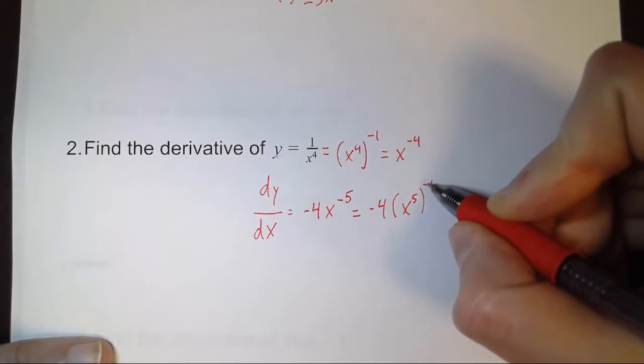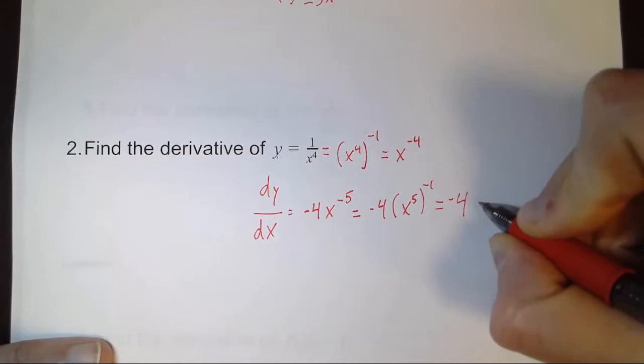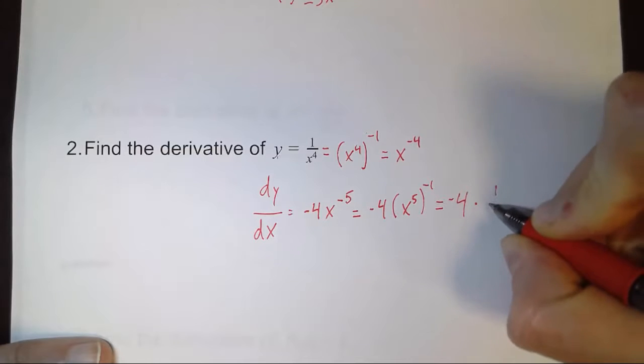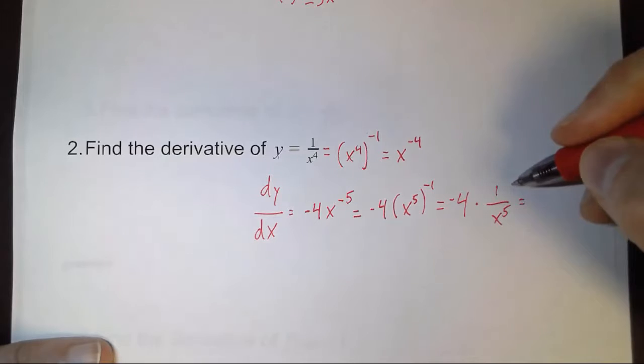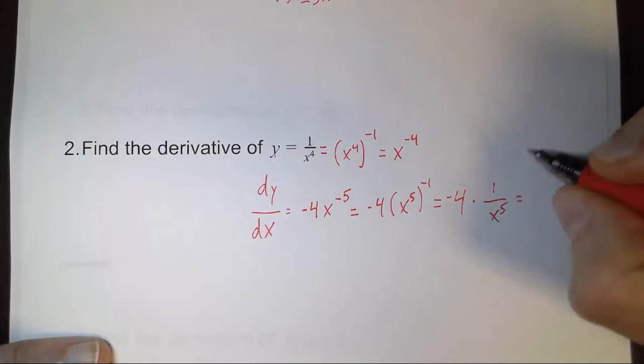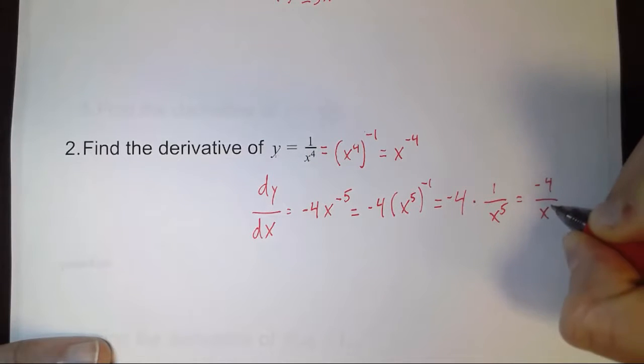Well, what does it mean to raise something to the negative first power? That means that we take the reciprocal, 1 over x to the fifth. So that's what that does. And we can combine these two and write it as negative 4 over x to the fifth.